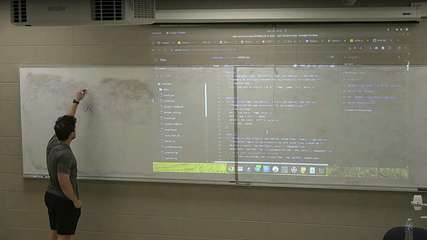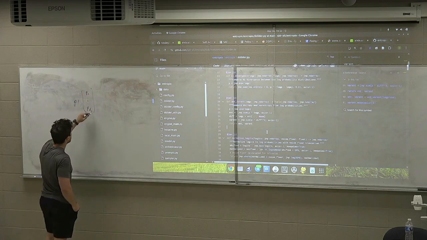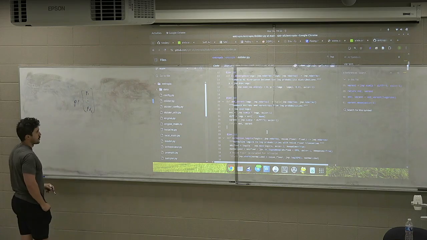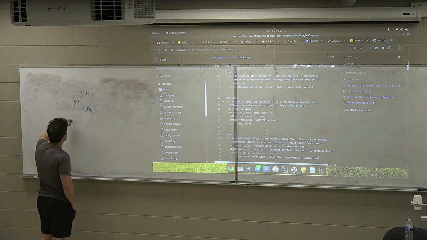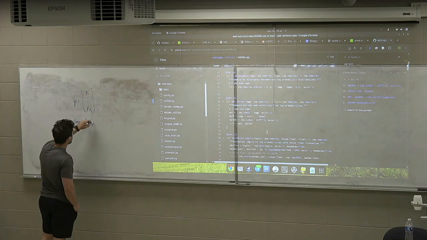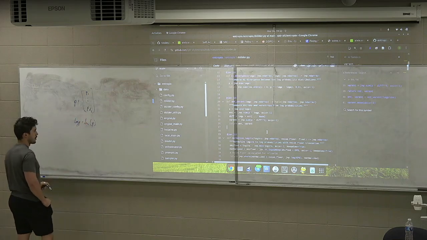PDT is the probability of the tokens. Log P equals ln of P for each of the probabilities.